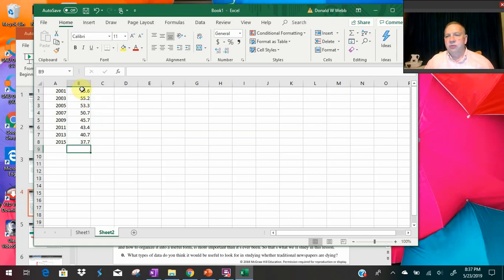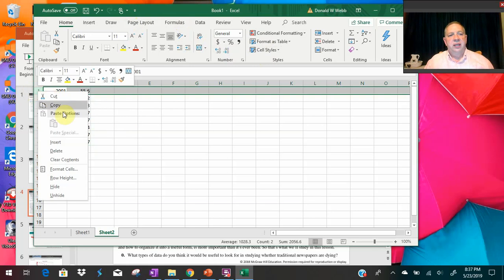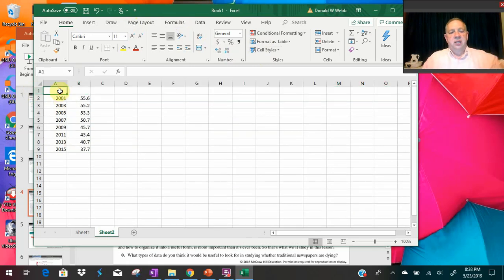Sheet 2, I've got this time series. We're going to look at subscriptions later on. Here's the year, and then here's some newspaper subscription rates. And they talk about doing a scatter plot and then the time series. If I went here, let's put some labels in here. This is the year and subscription rates.